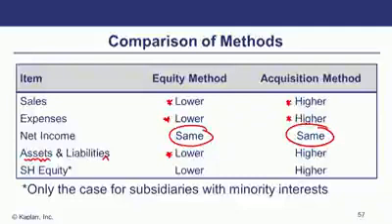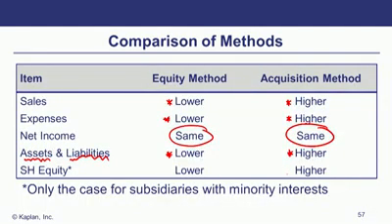Now, when we look at liabilities under the equity method, we are only going to see the parent company's liabilities, current liabilities and long-term liabilities of the parent. Whereas under the acquisition method, we're going to see both companies' liabilities combined: 100% of the parent, 100% of the subsidiary added together.